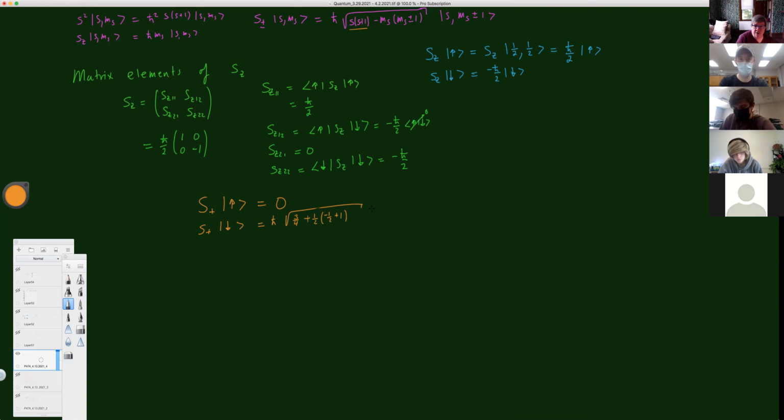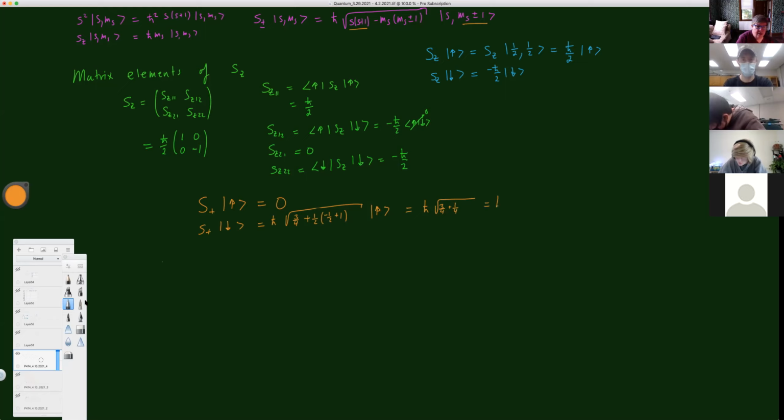And then this is going to make this the up ket, right? Because it changes MS by 1. Goes from minus 1/2 to 1/2, right? And so what do we get for the coefficient? We have H bar. We have 3/4. We have plus 1/2, so plus 1/4, right? So you just get H bar.